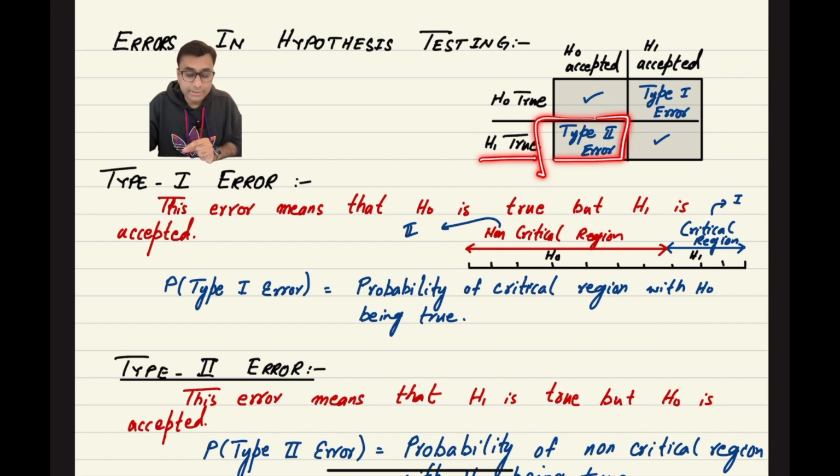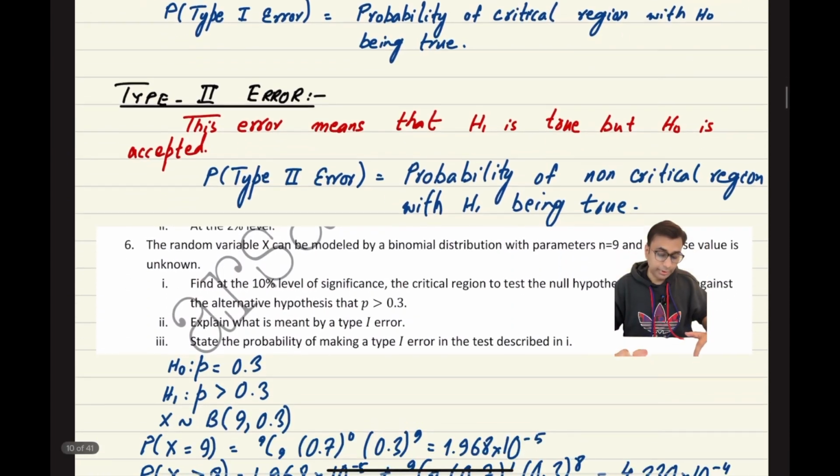So every time you calculate the probability of type 2 error, you have to calculate the probability of the non-critical region, but not with the probability stated in H0. There will be a new probability given to you, which satisfies H1, and that is the probability you will use to find the probability of the non-critical region. So that will be your type 2 error.